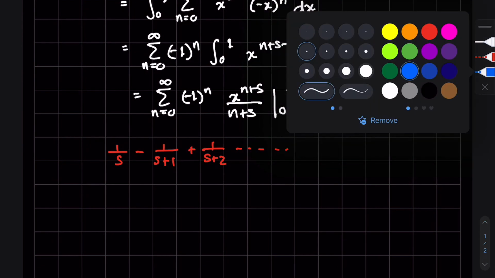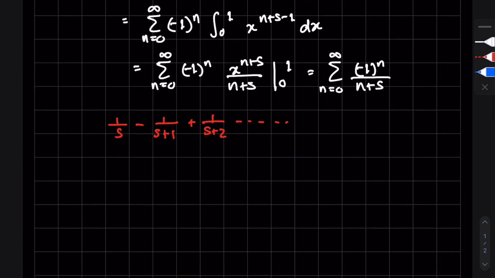Now what I want to do is separate the even and odd terms. So I can restructure this sum to run from n equals 0 to infinity. Now the even terms, if you look at them, just the positive terms, they look like 1 over 2n plus s, right? Because we're starting with a 0, so n equals 0 works, and when n equals 1, this is s plus 2, so we get this term. That's fine. So we're going to generate all of these even terms.